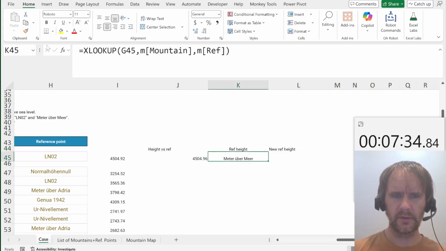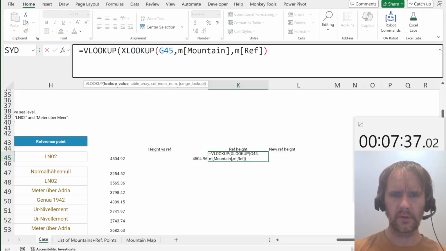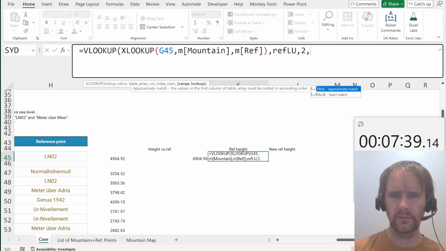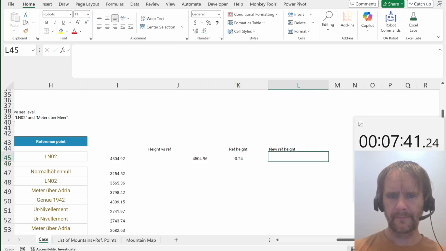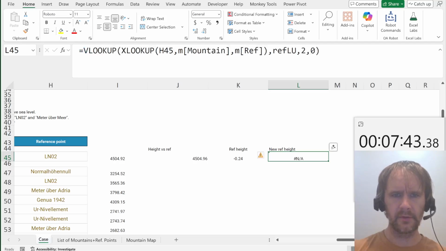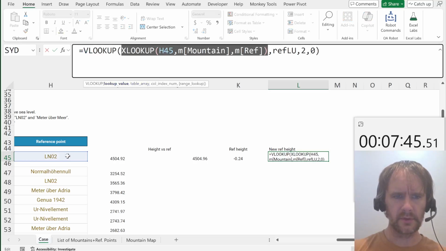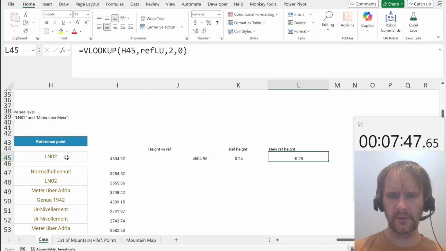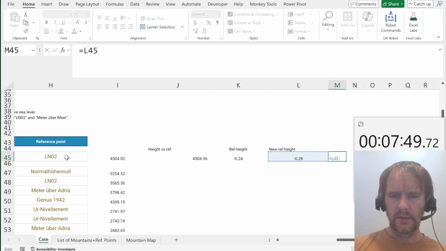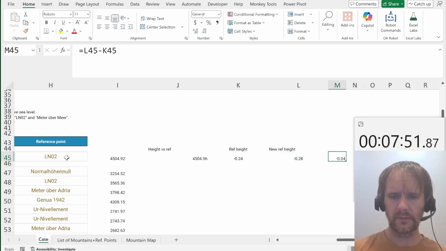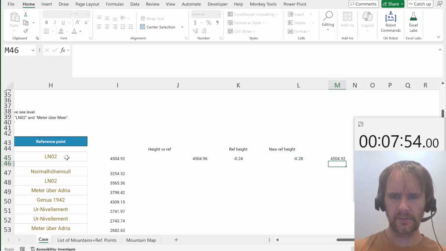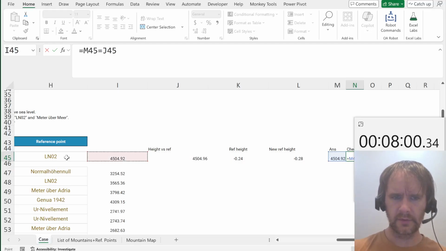So this is going to be VLOOKUP this in ref LU to 0. And then this is going to be VLOOKUP this in ref LU to 0. And it's going to be that minus that plus that. Answer. And then check equals this equals this.